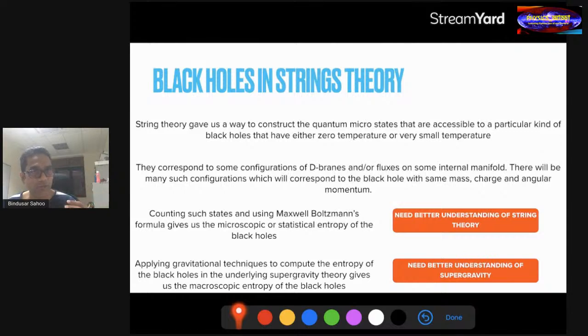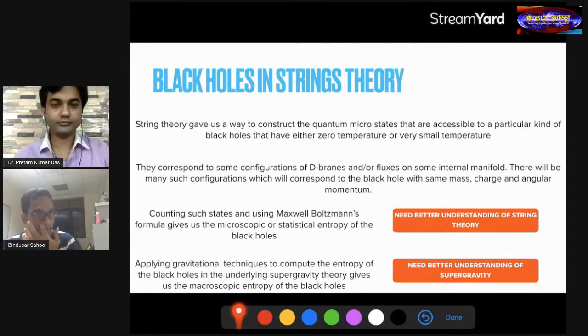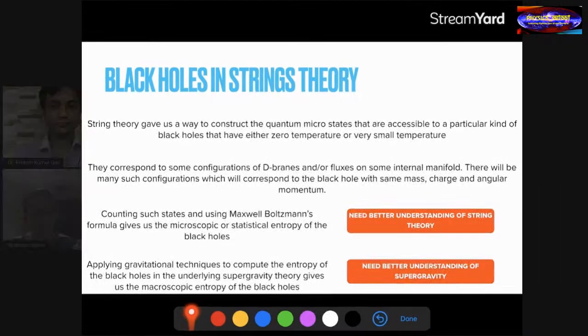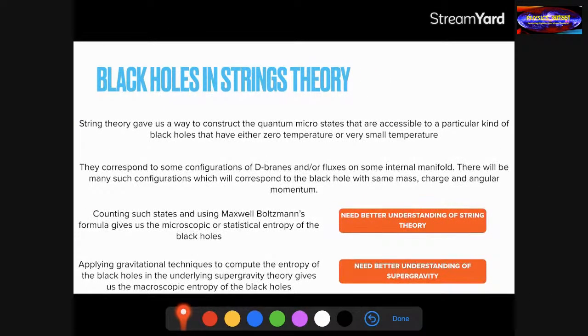In this case, it's the theory of supergravity, because string theory doesn't just give you gravity, it gives you supergravity because of supersymmetry. There are gravitational techniques to compute the entropy of these black holes, like the Wald formula or the Bekenstein-Hawking formula, and you need to understand supergravity better in order to compute this side of the entropy.